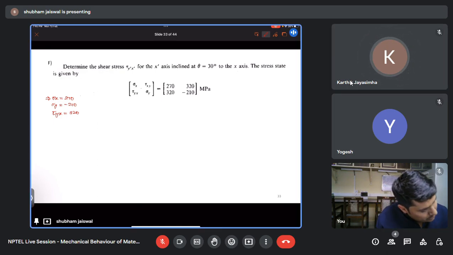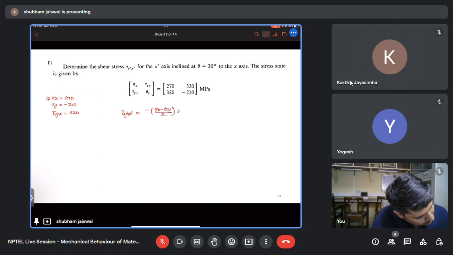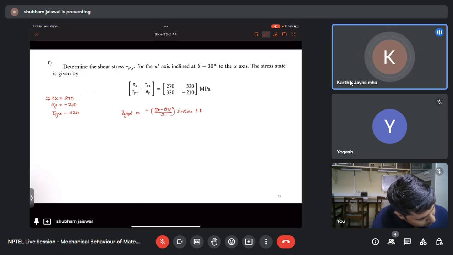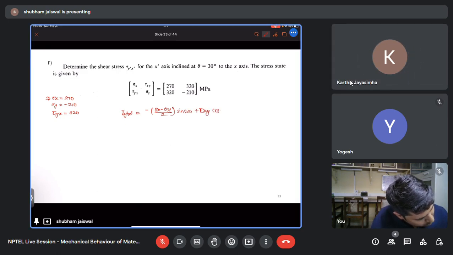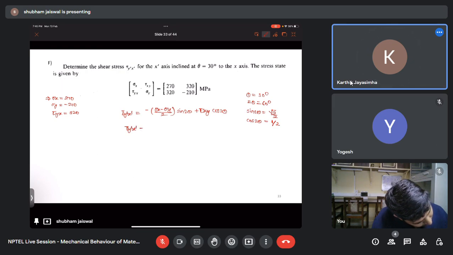So we will use the equation tau y prime x prime is equal to minus (sigma x minus sigma y) by 2 sin 2 theta plus tau xy cos 2 theta. Theta is equal to 30 degrees, 2 theta is equal to 60 degrees. So sin 2 theta comes out to be root 3 by 2. Cos 2 theta comes out to be 1 by 2. So we'll put these values.